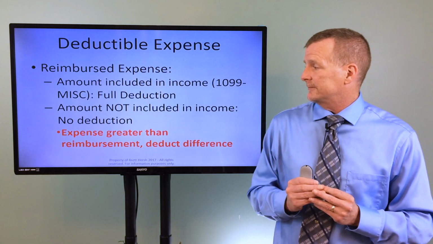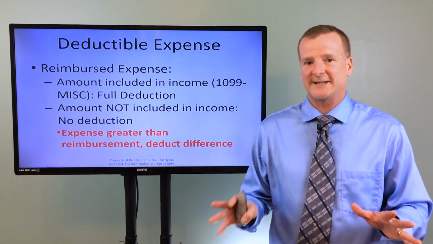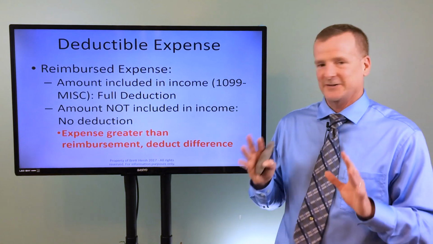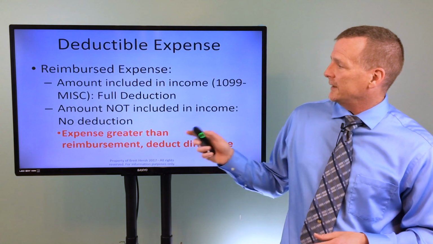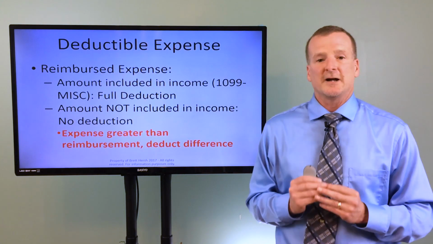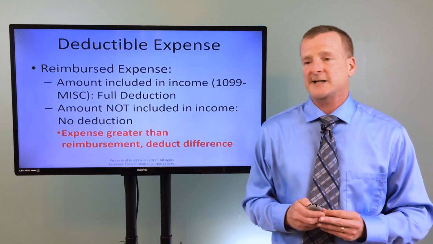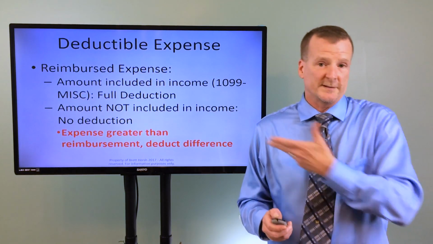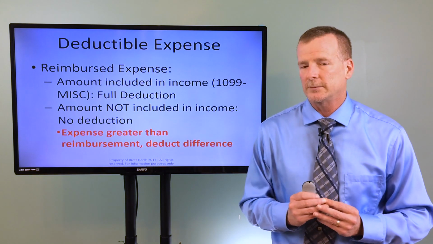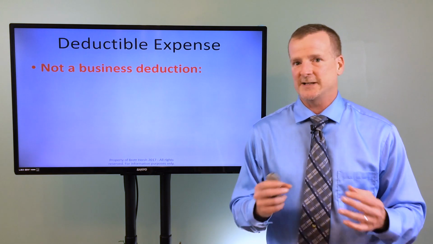Okay? This can be very confusing. I'm not going to go into any more detail, because I confuse myself when I try to do an example. However, the point here is if the reimbursed expense is included in your income, you can deduct it. If the reimbursed expense is not included in your income, you don't get a deduction. If you think about it, it's kind of common sense, but those are the rules, and this is one rare example in tax law where it does match common sense.